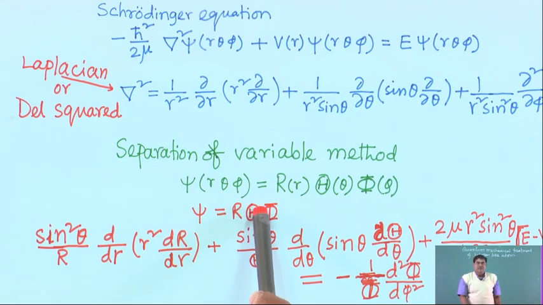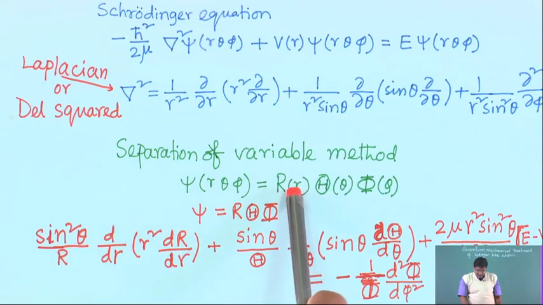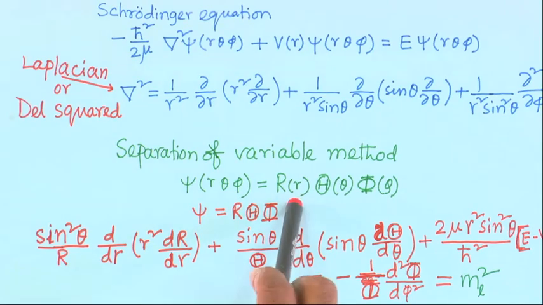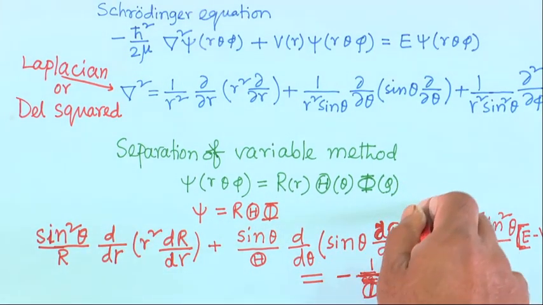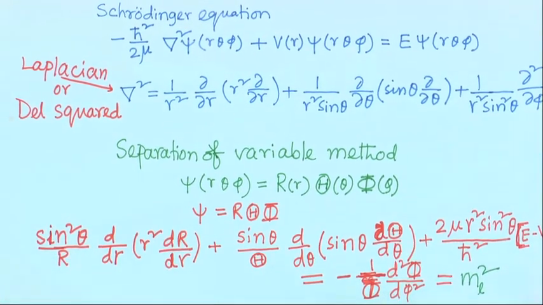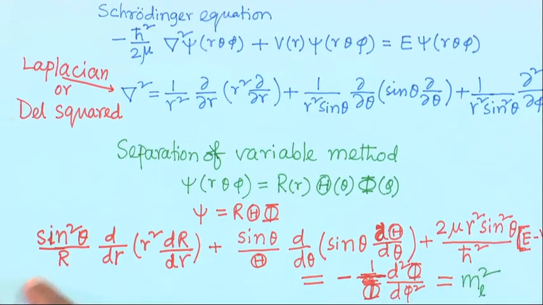We have taken three independent functions of r, theta and phi, and then using this separation of variable method, one has to separate the equation and we will get three equations.